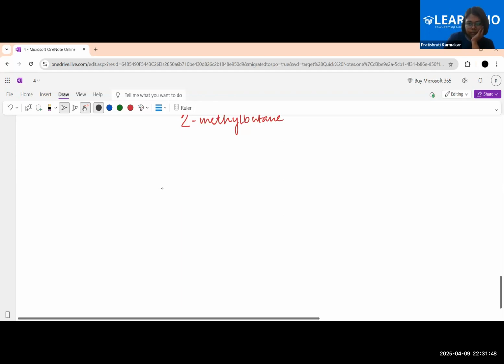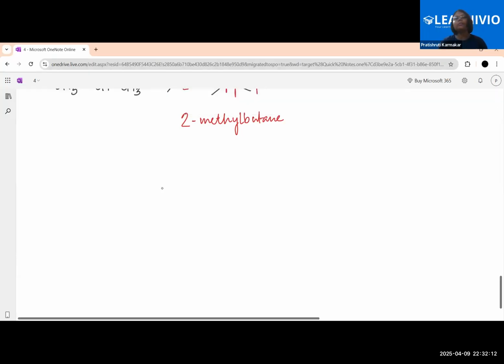Combination reaction, decomposition reaction, displacement reaction, redox reactions, oxidation, reduction reactions, double displacement reactions based on reactivity. You have learned all this already. These were in your class 10 syllabus. So can you give me an example of displacement and double displacement reaction?